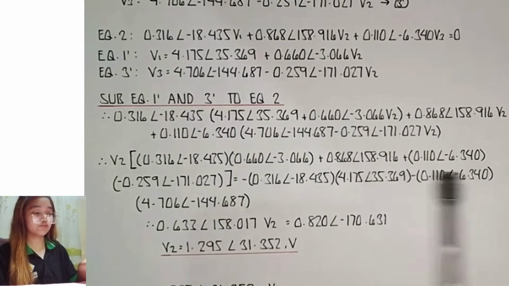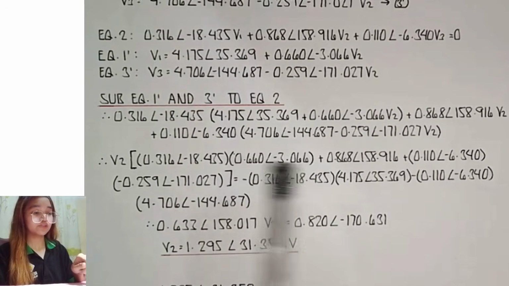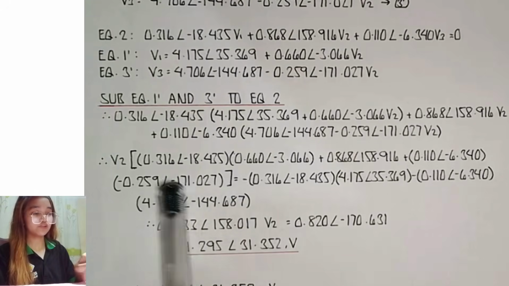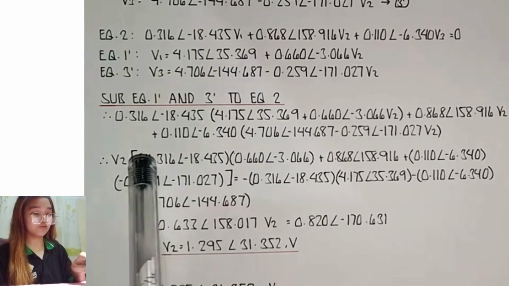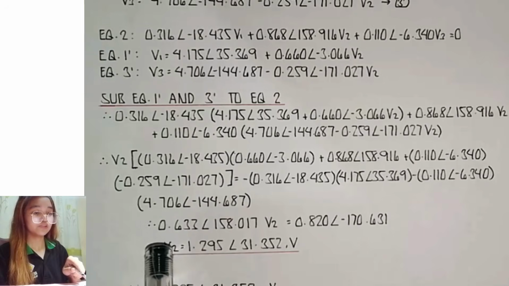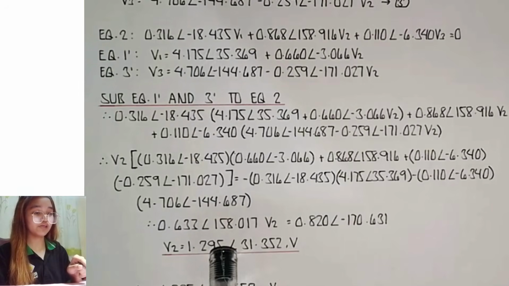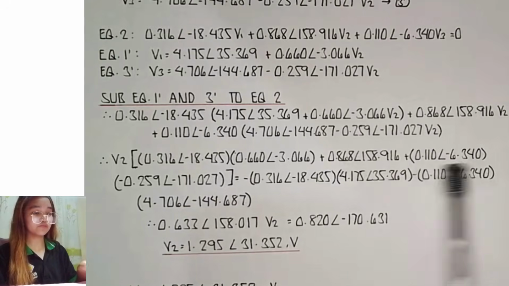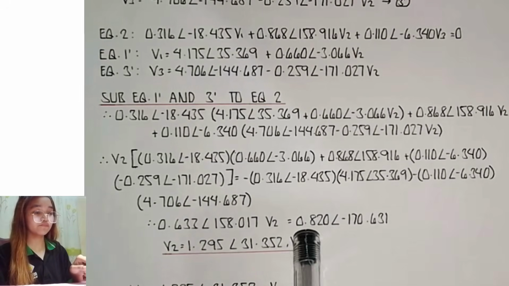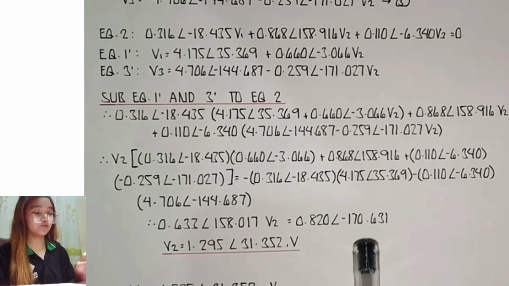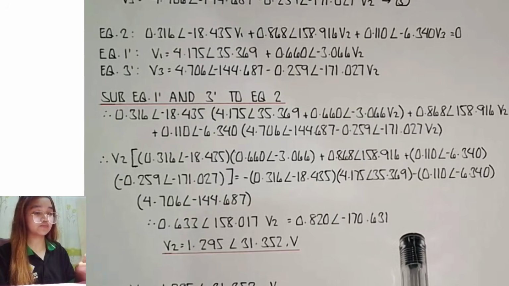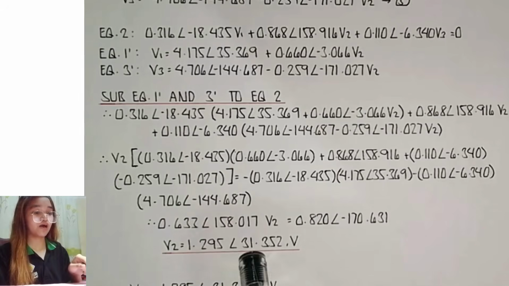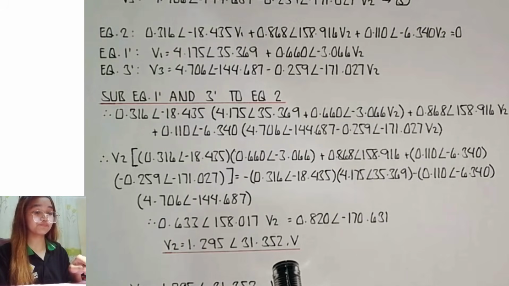I mean, it is already fixed. It is easier to solve in the calculator. So we will solve this. So 0.633 angle 158.017 V2 is equal to, we can compute it in the calculator, 0.820 angle negative 170.631. So our V2 now is 1.295 angle 31.352.